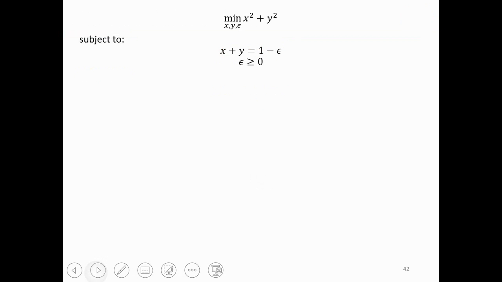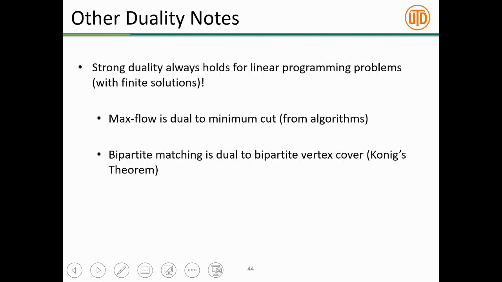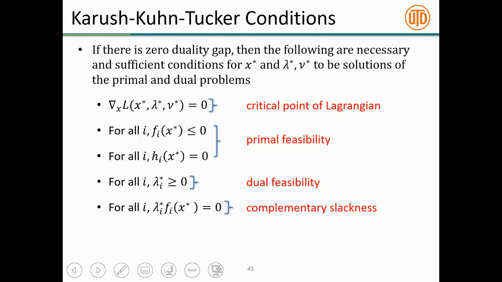We did some other examples last time that I don't want to go into again today. Then we finished up with a set of necessary and sufficient conditions for x star, lambda star, and nu star to be primal and dual optimal solutions in the case that there's zero duality gap, the so-called KKT conditions.